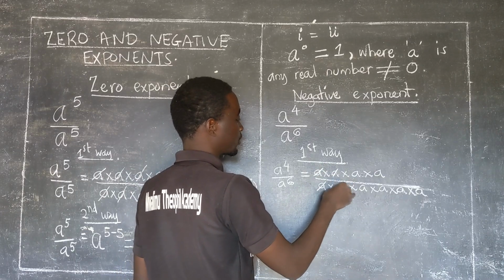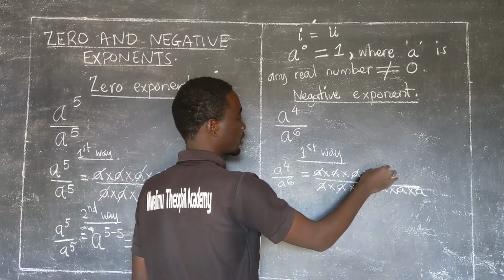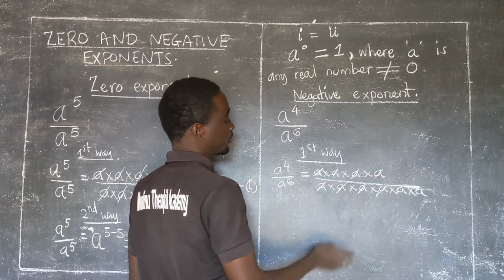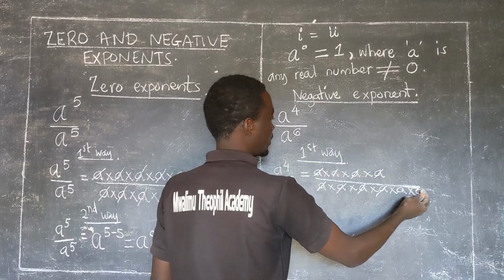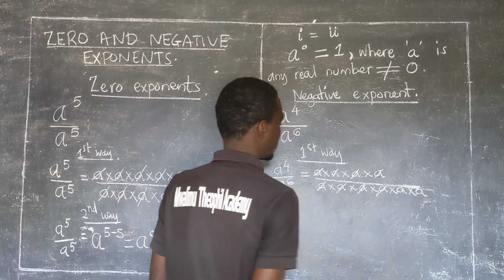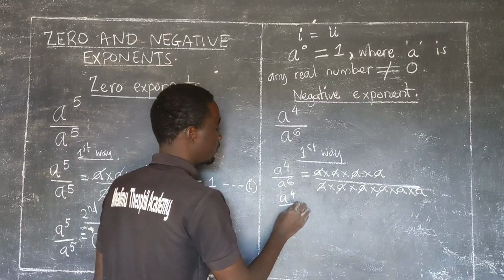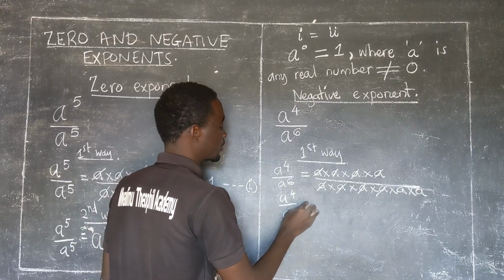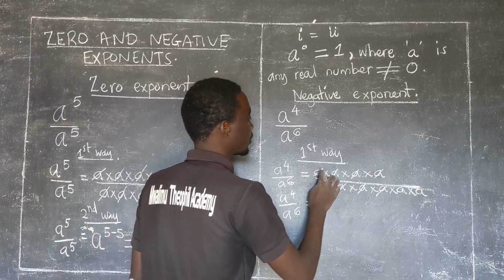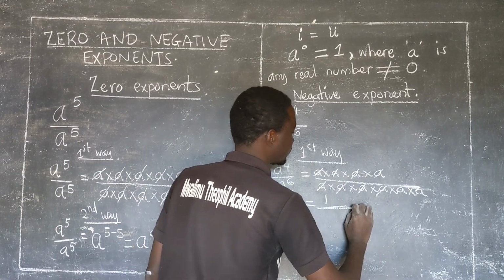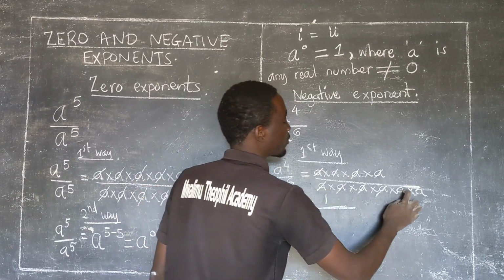Now each a in the numerator cancels with an a in the denominator. In the numerator side we don't have any extra a, but in the denominator side we have 2 a's remaining. Now a raised to 4 divided by a raised to 6 will be equal to 1 divided by the 2 a's.